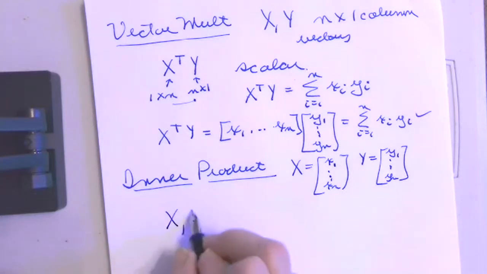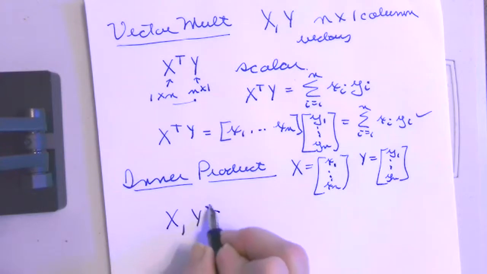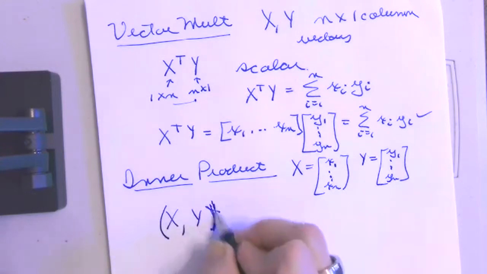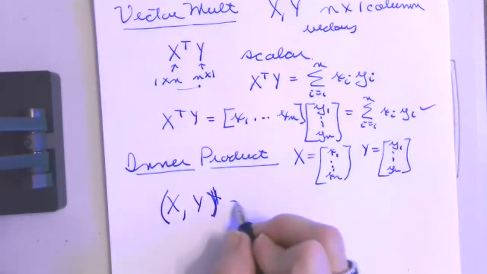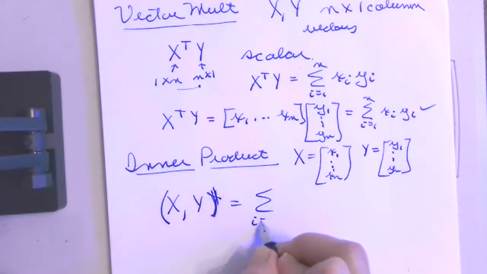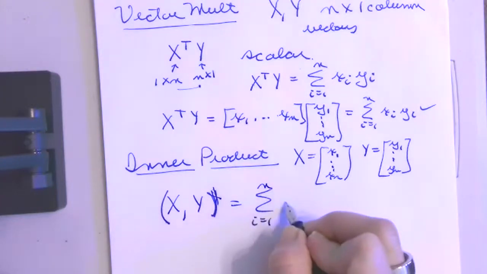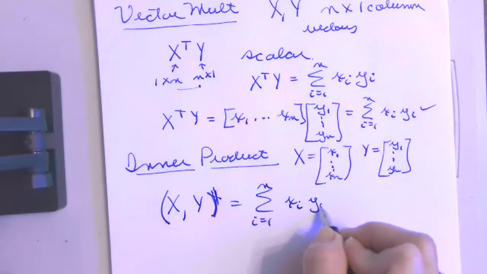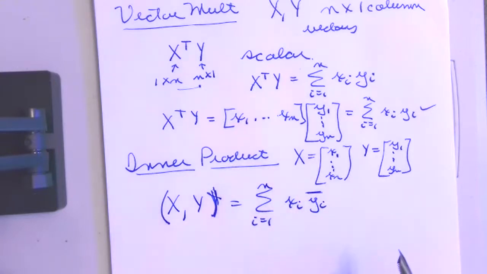Then X inner product Y, this book uses round brackets, some books use square brackets, is defined to be the sum from i equals 1 to n of xi times yi complex conjugate.